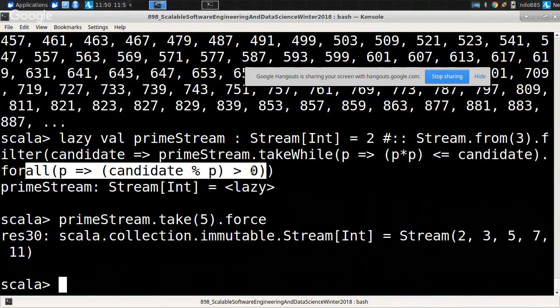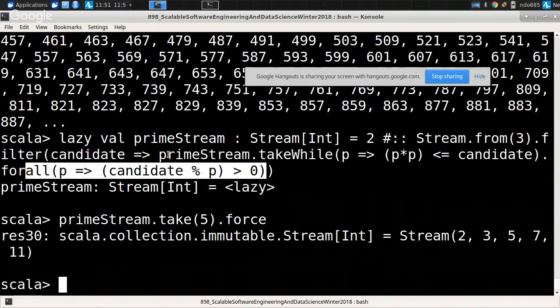In other words, we're going to filter to only include those which, when we consider all previous primes, they don't divide this number. The previous primes being these ones in the prime stream.